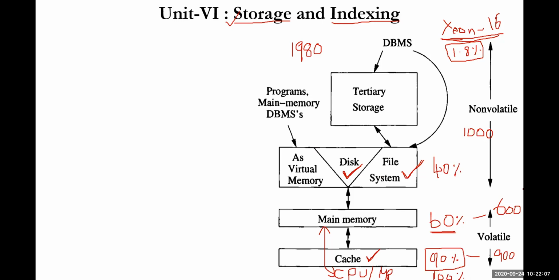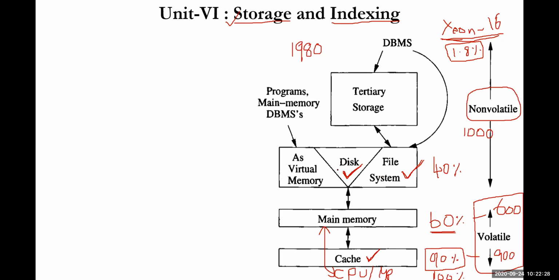However, you have to look into this area: volatility and non-volatility. There are two different kinds of memories. Some memories are considered volatile, and some are non-volatile.